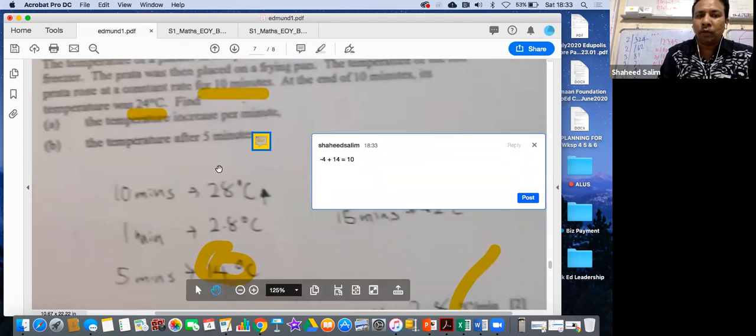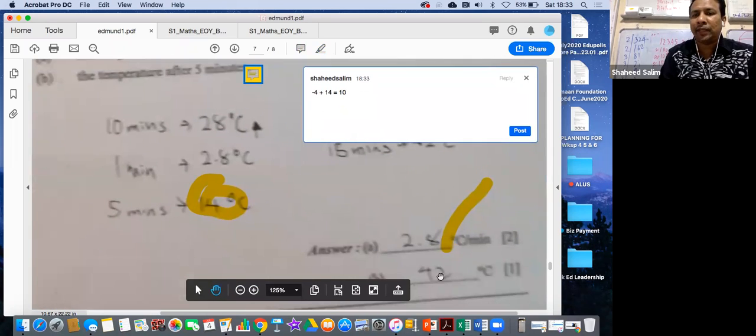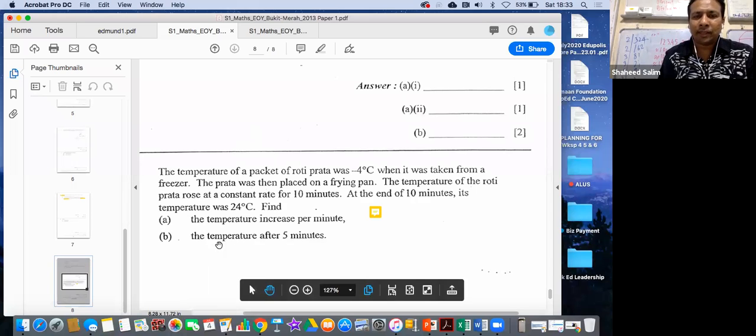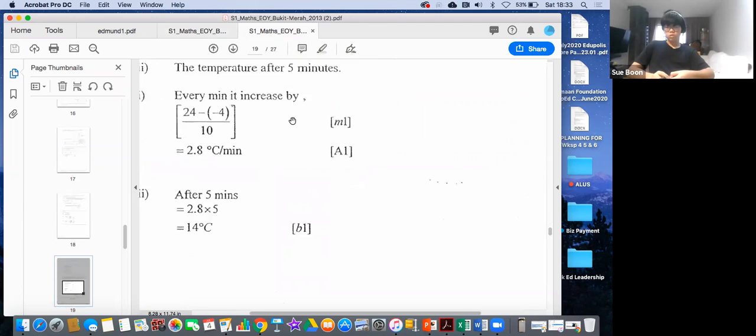What you are doing now, when you add to 24, this is after 10 minutes, then after another 5 minutes, you add together, this is after 15 minutes. So maybe you are thinking the temperature after 5 minutes later. But it's not, they say after 5 minutes from the beginning. Are you okay? Yeah.